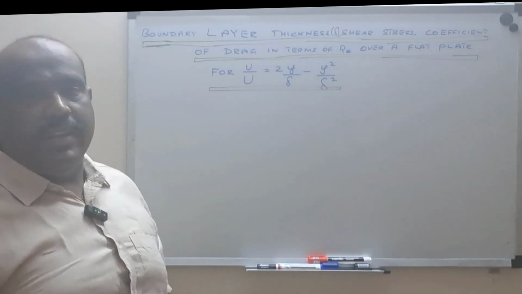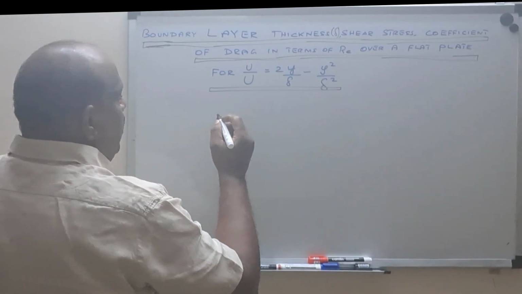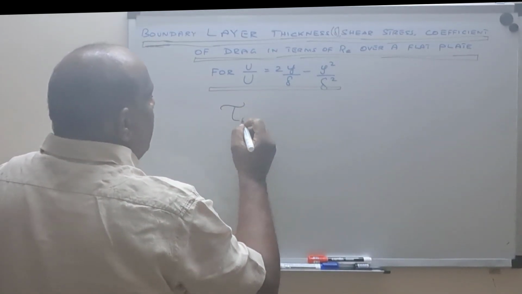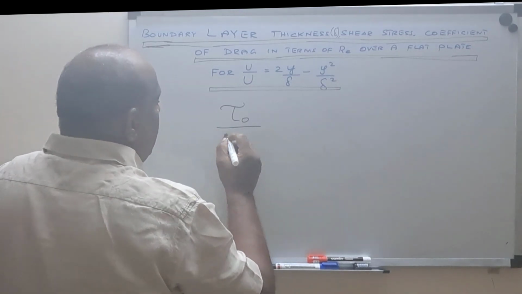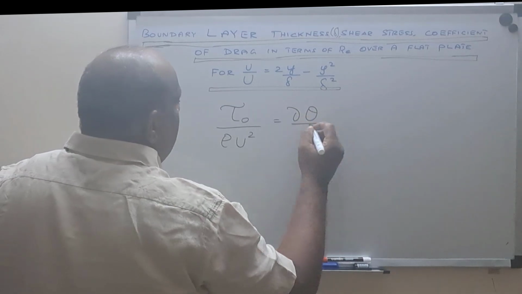To start for this particular case, let us try to invoke the von Karman boundary layer equation. The von Karman boundary layer equation is given by tau naught by rho capital U squared equal to d theta by dx.